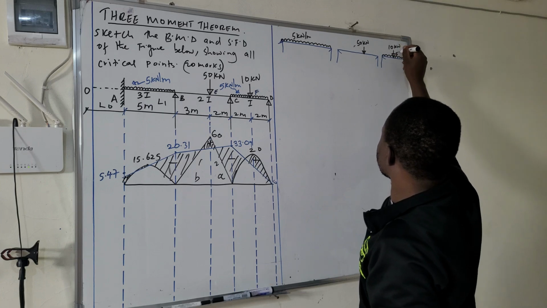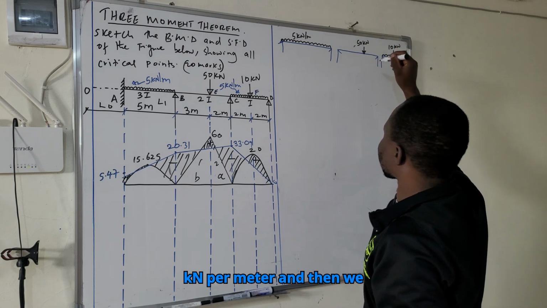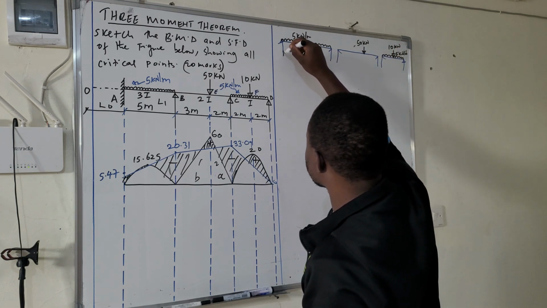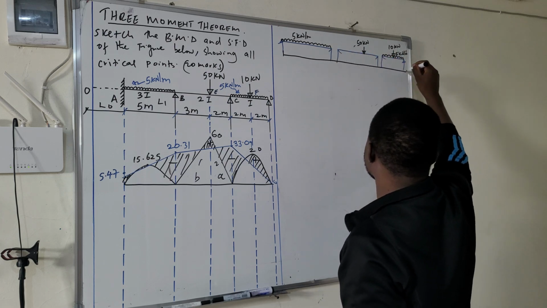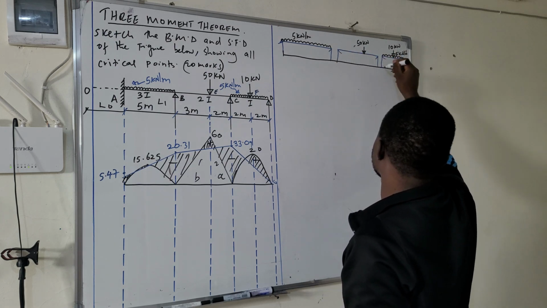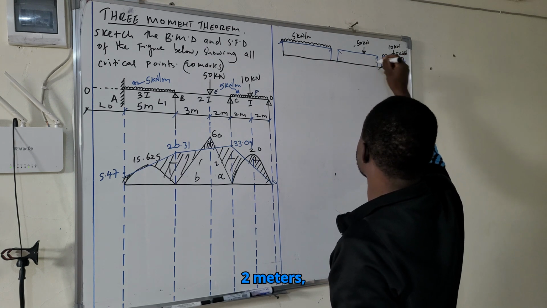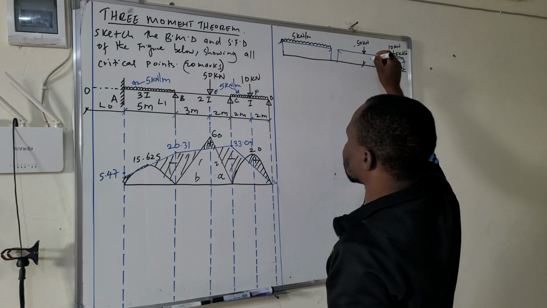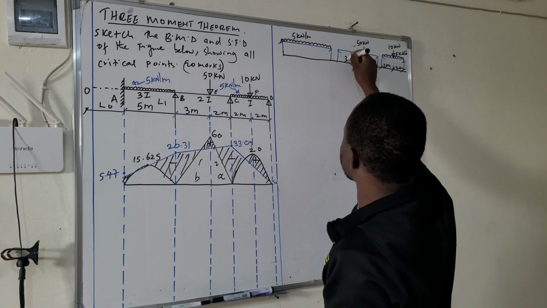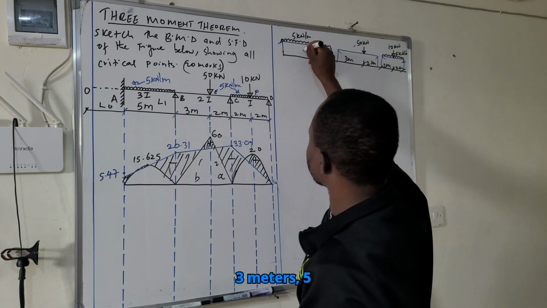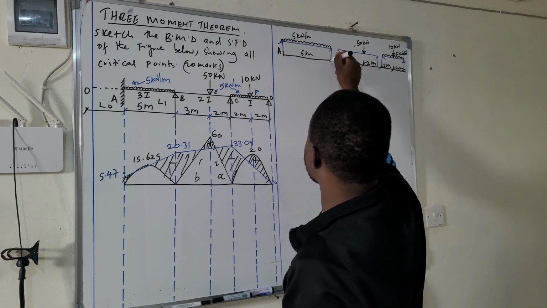So that is 5 kilonewton per meter. And then we have the distances. So that is 2 meters, 2 meters, 2 meters, 3 meters, 5 meters.